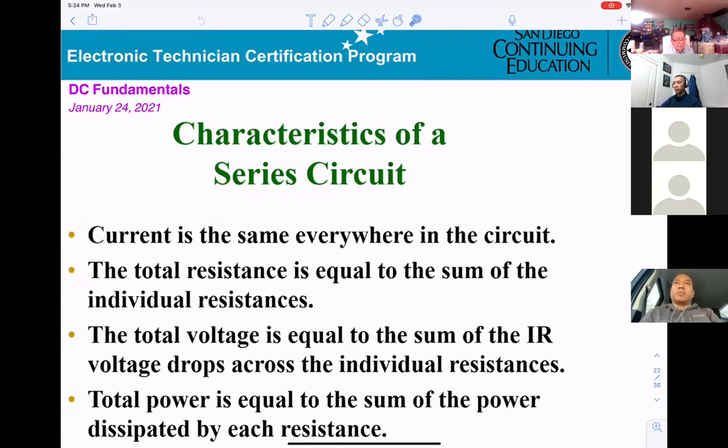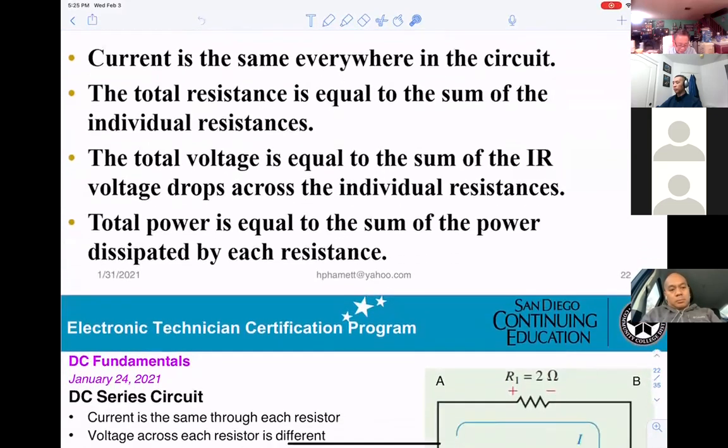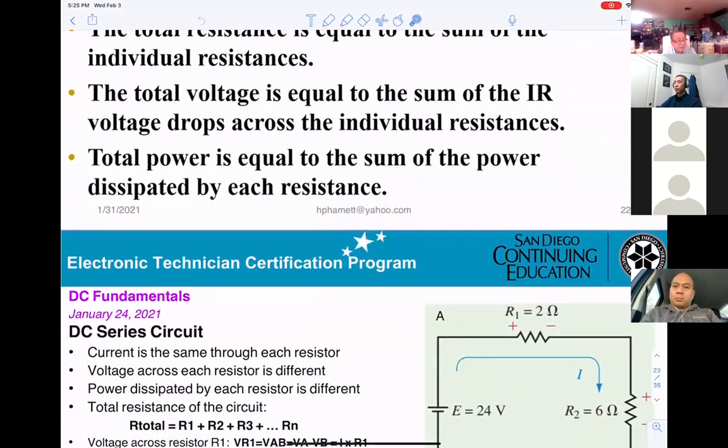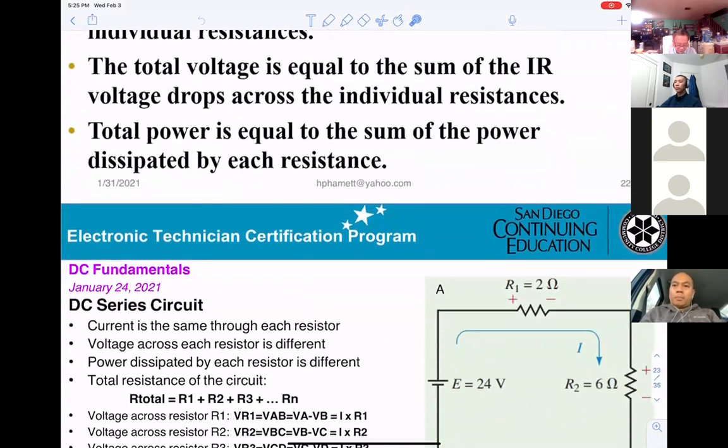The total voltage equals the sum of the voltage drops across each individual resistance. That's telling you the voltage in the series circuitry is not the same. They will be different, okay? And the total power equals the sum of the power dissipated by each resistor.